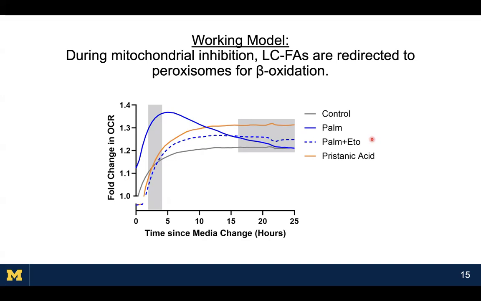Great question. We are interested in other oxidation processes outside of beta oxidation, like elongation and even omega oxidation, which is the process of turning a regular monocarboxylic acid into a dicarboxylic acid. And those dicarboxylic acids are directed to the peroxisome.